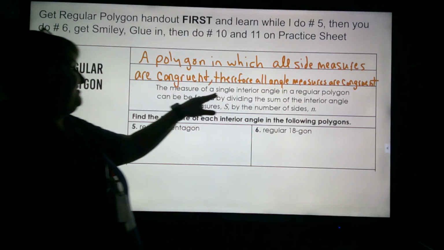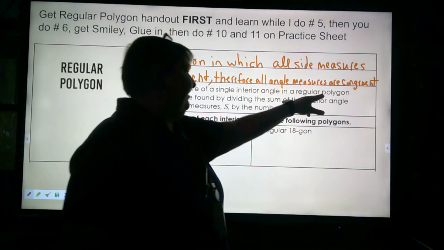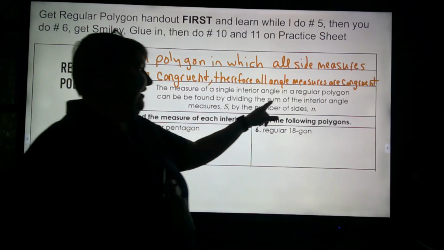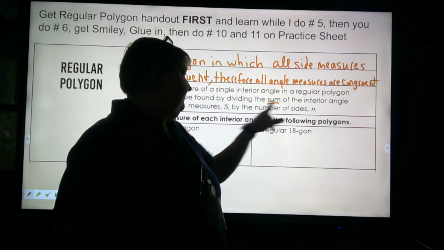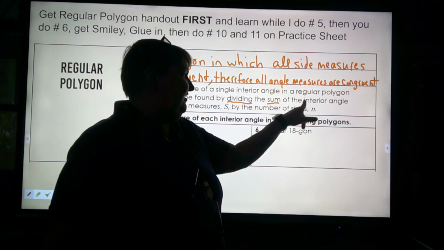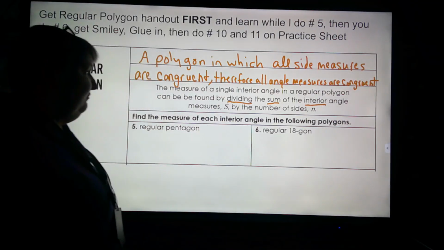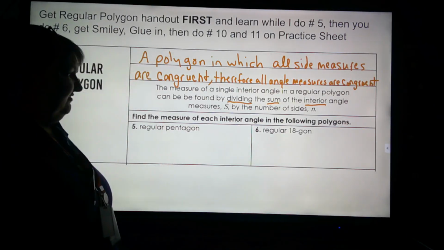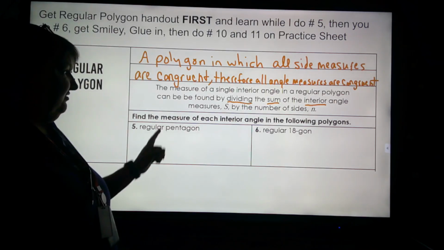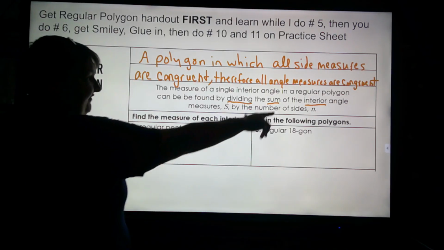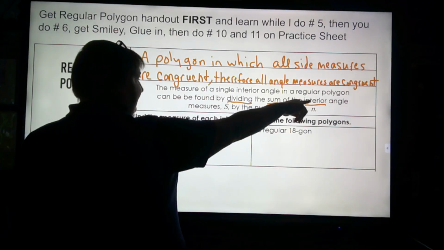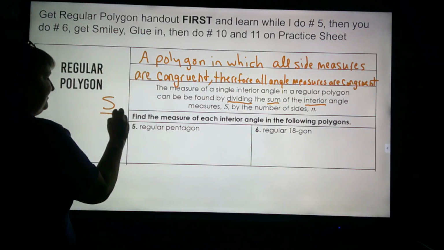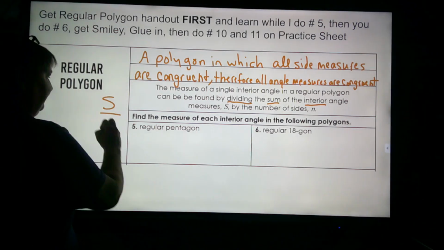The measure of a single interior angle in a regular polygon can be found by dividing the sum of the interior angle measures S by the number of sides. So, you're going to take the sum of the interior angles, S, divided by the number of sides.